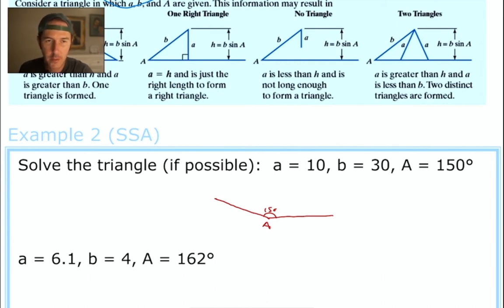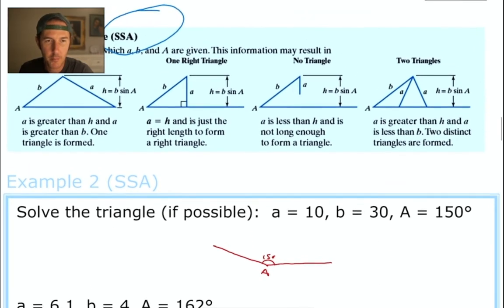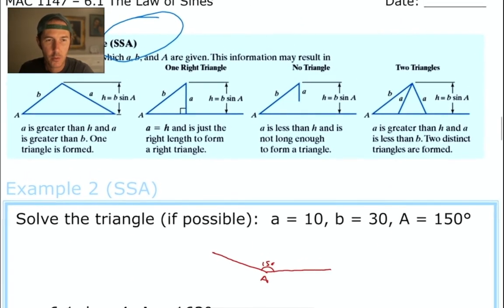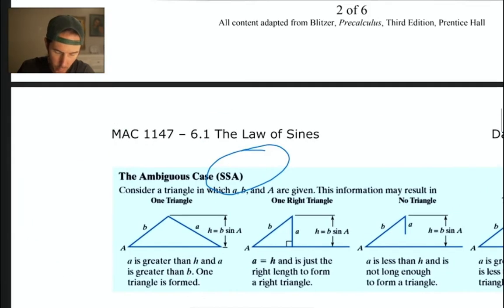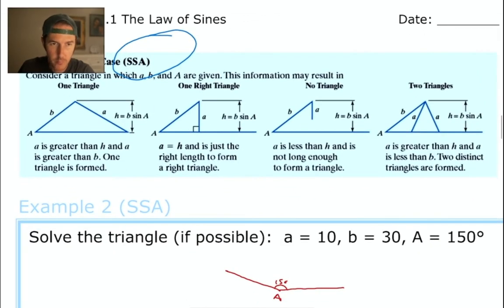Now, in the diagrams that we saw above, right below where I am in the top left corner, you see this side length B right here? That means that across from it is angle B. So I'm going to pretend, again, that angle B is down here in the bottom right corner in our diagram that we're drawing.